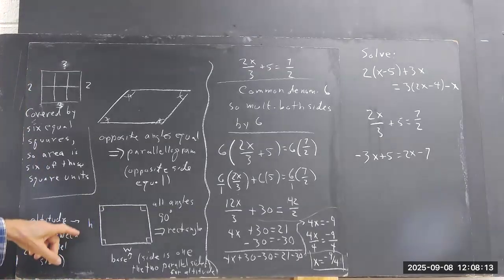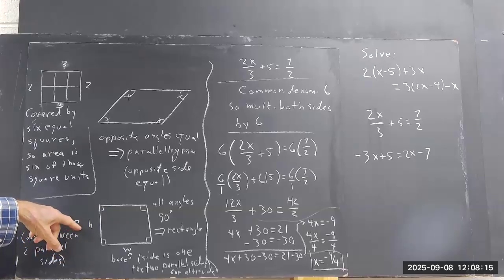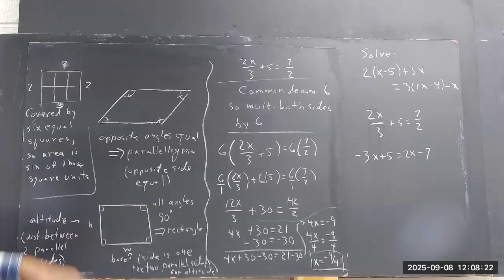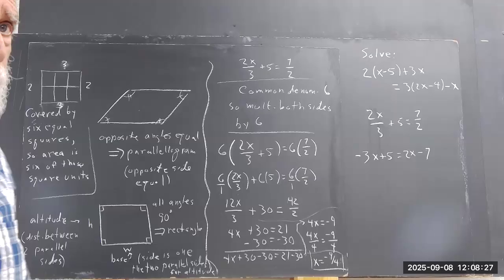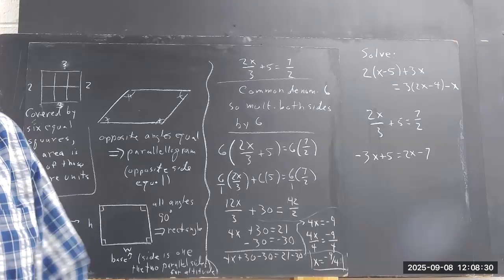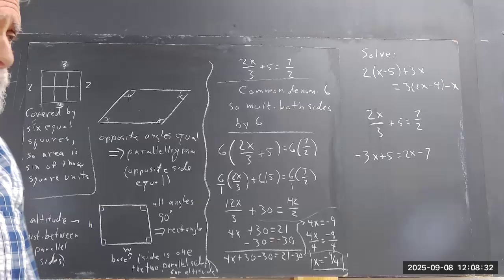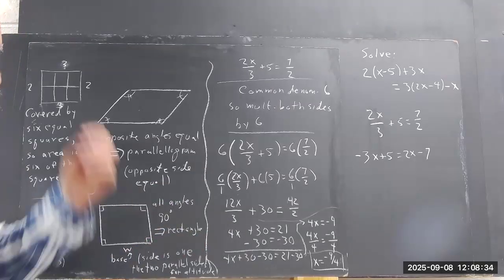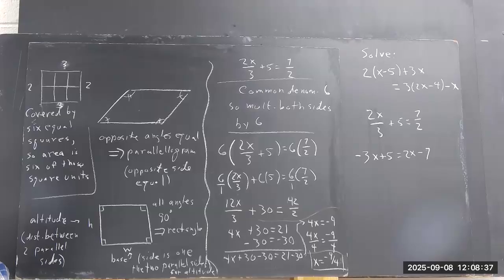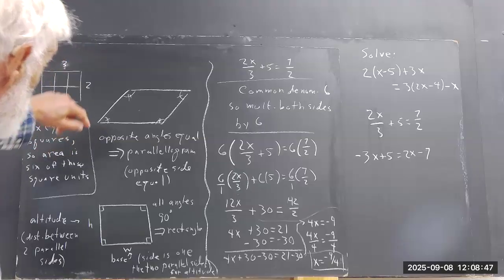So if the altitude of a rectangle is h and the base is w, what's the area? Just write it down on your paper. Probably not going to take time to come look at it because we've had some delays. But write it down anyway to reinforce it for yourself. Okay, well, need to have paper available.